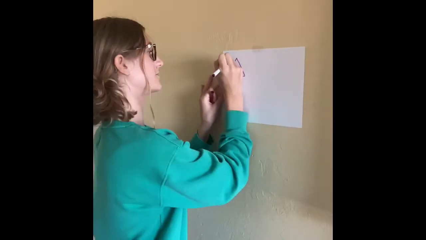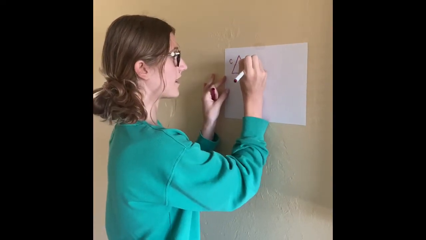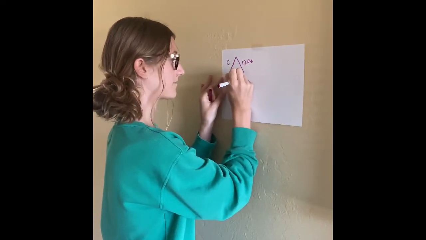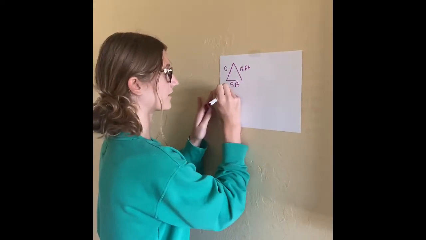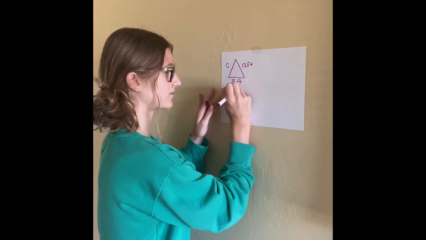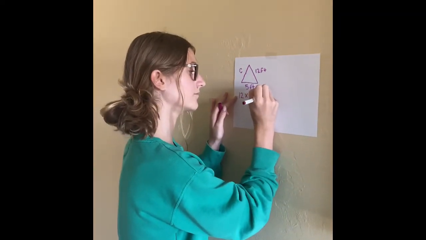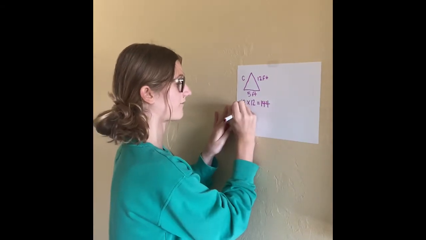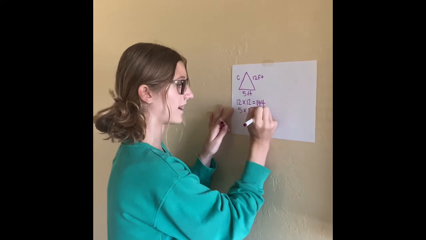First we're going to put C, 12 feet, and 5 feet. We're going to look for the biggest number, which is 12. So we're going to multiply 12 times 12, and that will give you 144. Then we're going to multiply 5 times 5, and that will give you 25.